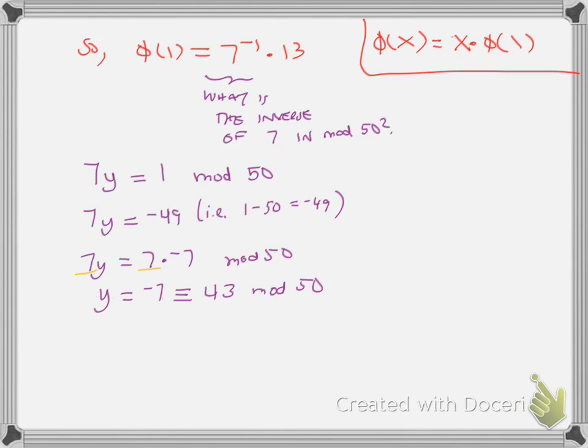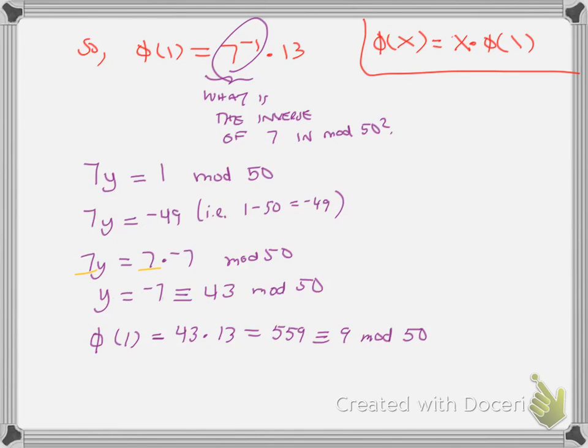Okay, so that tells us that phi of 1 equals 43 times 13. So I'm replacing 43 in for the inverse of 7, okay, in my mod 50. Well, this equals 559, which is congruent to 9 mod 50.